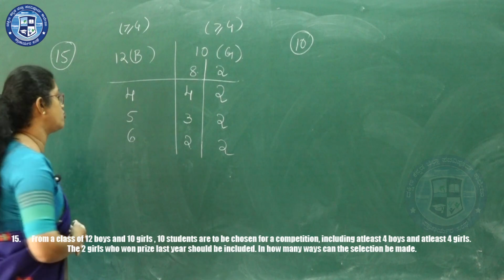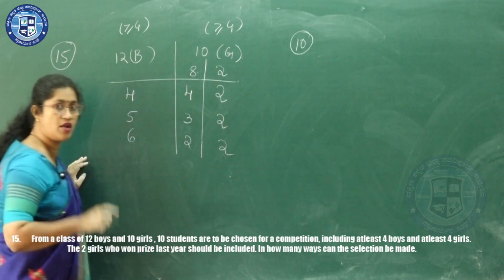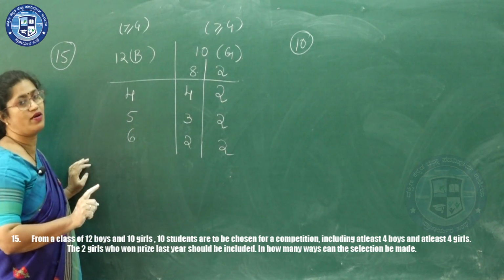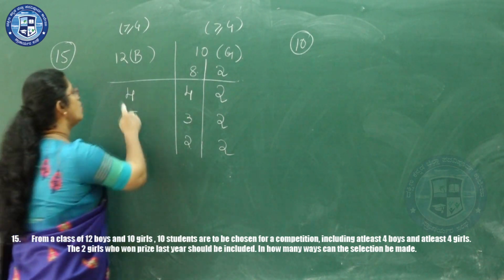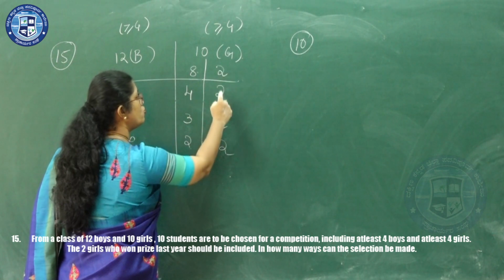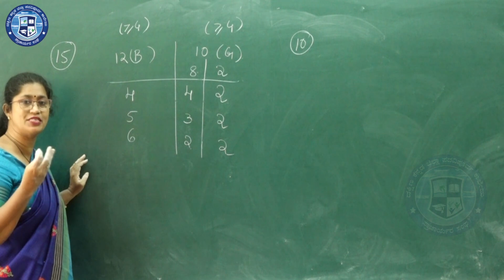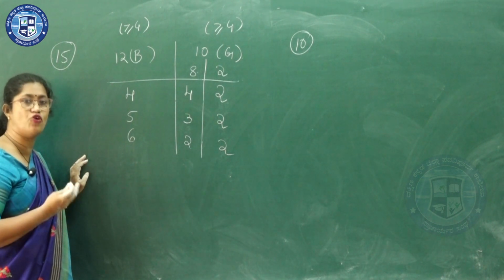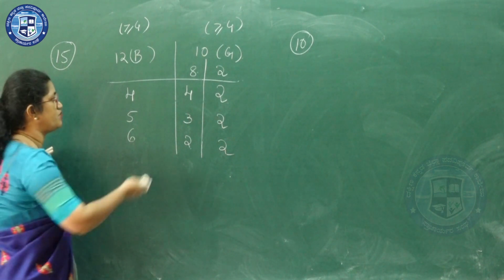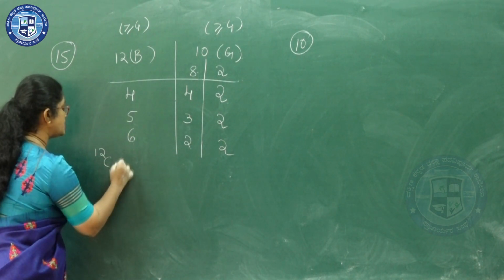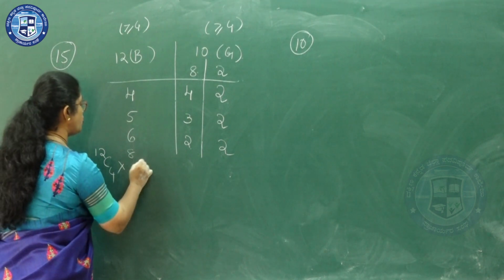Now let us do the calculation. Either the first one or second one or third one, or means plus. Now what is the first one? Now from 2 you are choosing 2. From 2 choosing 2 is 1. Either you can write it or you need not write it. It means the same because it does not affect your calculation. So this is 12C4 into 8C4.